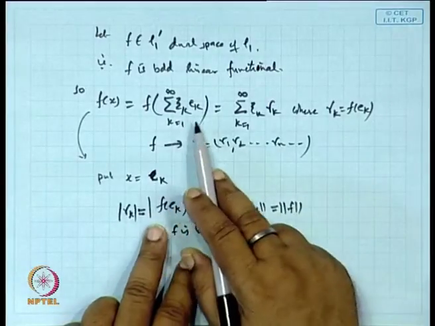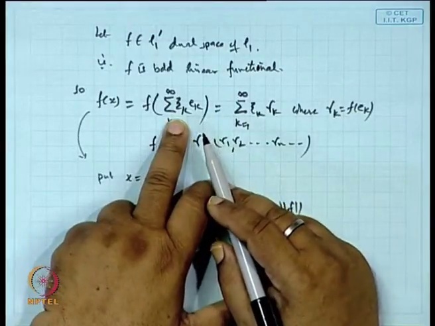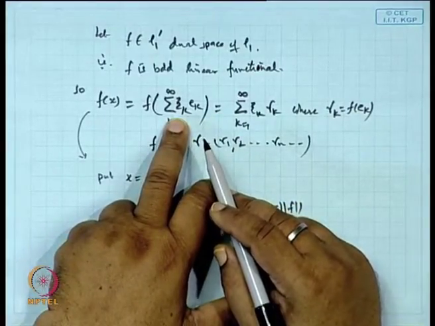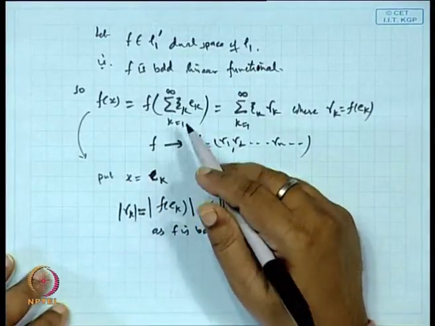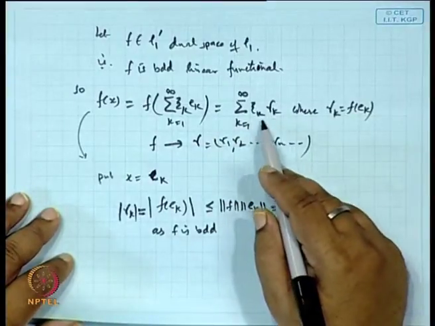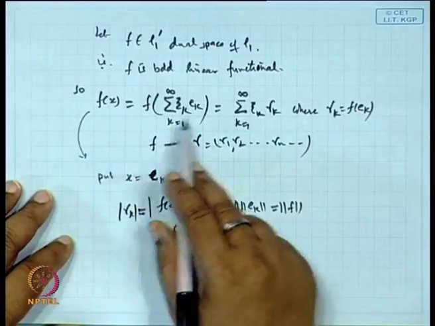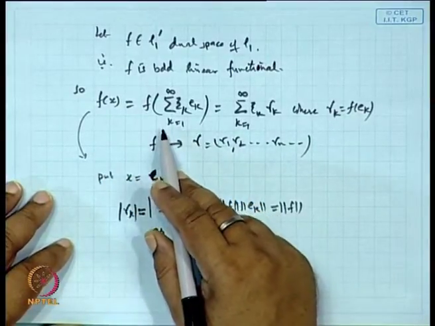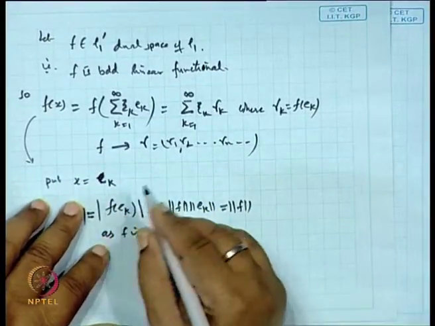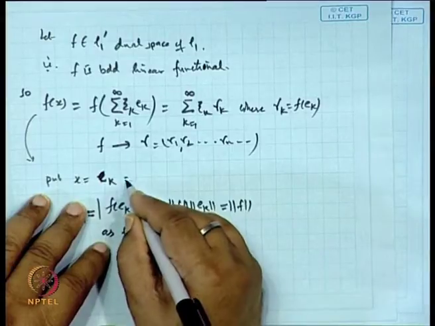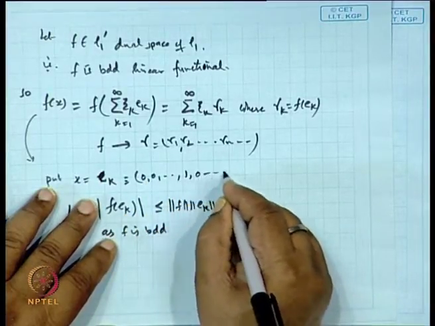If x equal to e k, then x is xi 1, xi 2, and so on, which is 0 0 0 and 1 here, 0 0 0.